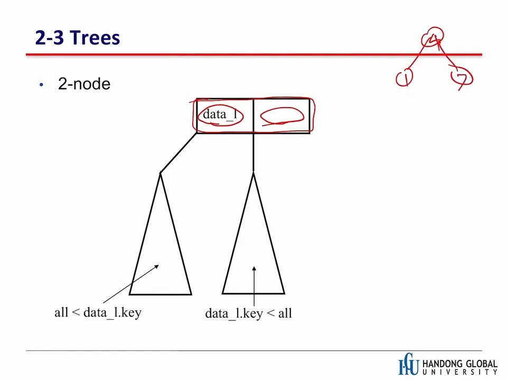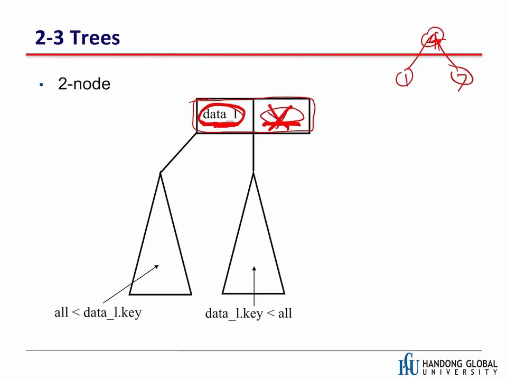This is 4, then this is 1 and 7. So we can have 1 key with 1 data in the 1 node. In 2-3 nodes, we can have 1 data and 2 data fields. So basically it's a combined node, where 2 nodes are combined. And a 2 node means we have just 1 data and we have an empty field here. So this one is empty.